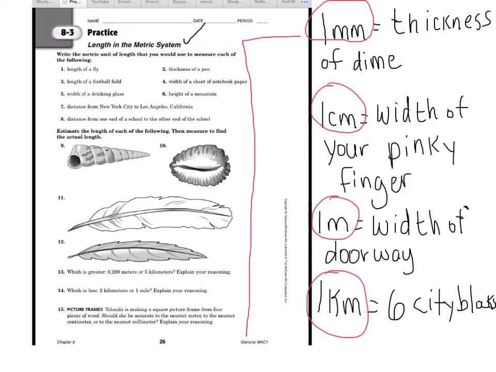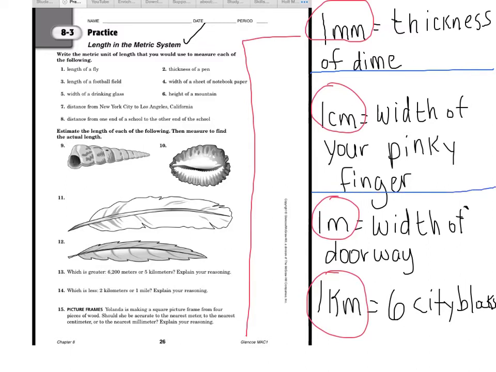1 millimeter, that's about how thick a dime is. Not how wide it is, not how tall it is, but how thick it is. The part that you slide into the Coke machine, the part that goes in first, that's how thick it is. That's about a millimeter. 1 centimeter is the width of your pinky finger.